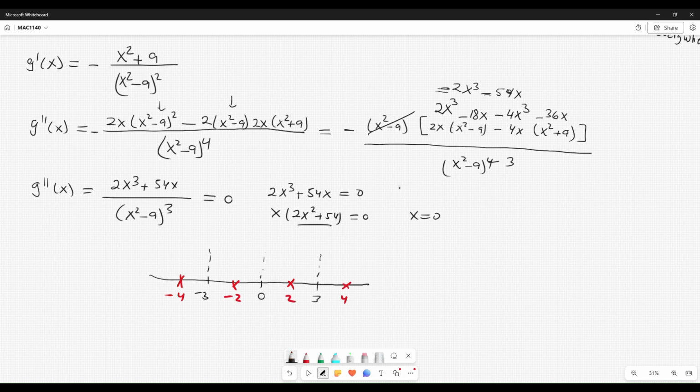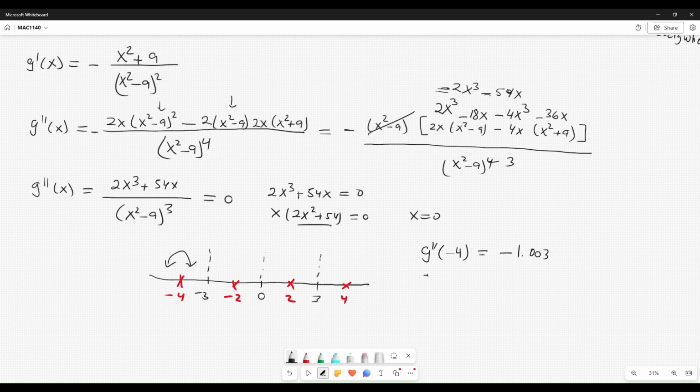And you evaluate the second derivative. It is heavy arithmetic, but I did it using my calculator, of course. At negative 4 it is negative 1.003, but the important information is the sign. It's negative, so it is concave down.